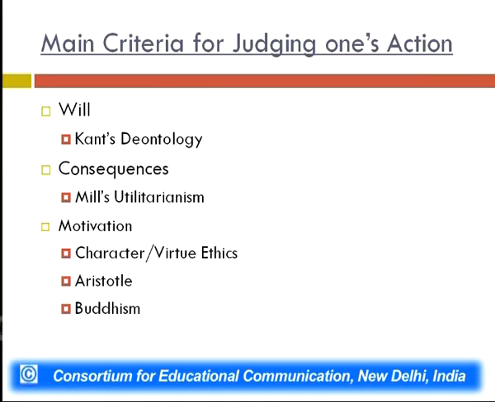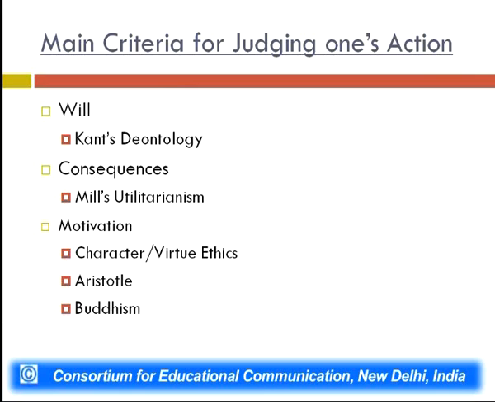Similarly, there are philosophers who would rather judge a particular action on the basis of consequences that accrue from it. The foremost amongst such thinkers is Mill, and his theory is called utilitarianism. This theory is a part of a broader concept called consequentialism.